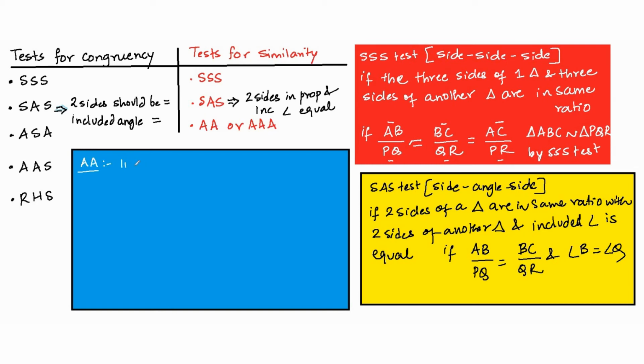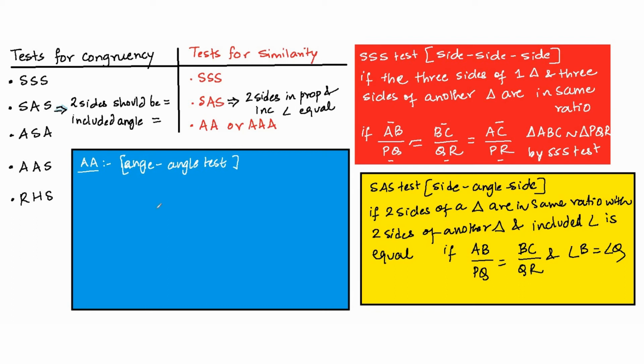So the AA test is basically the angle test. It is not necessary to compare all three angles, though if you can compare all three angles, that is also fine. That is the AAA test. But as I said, if two angles are equal, then the third angle is automatically going to be equal.